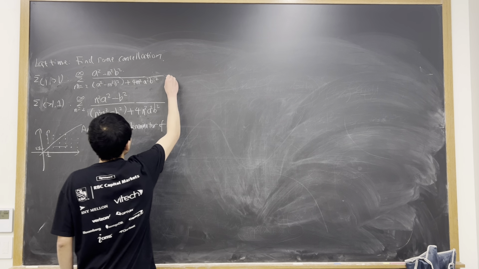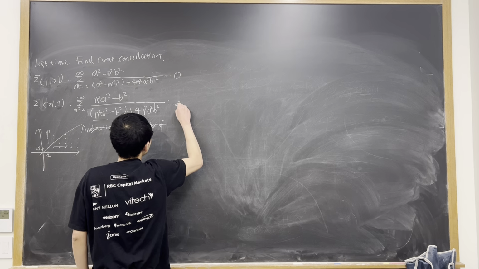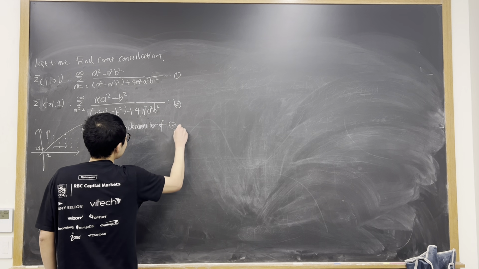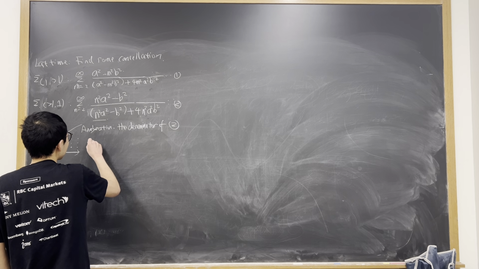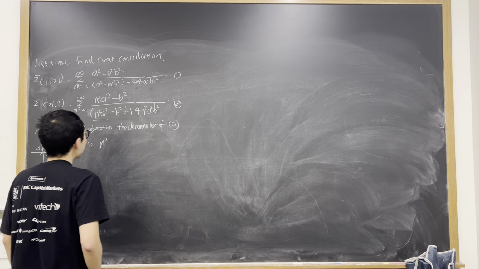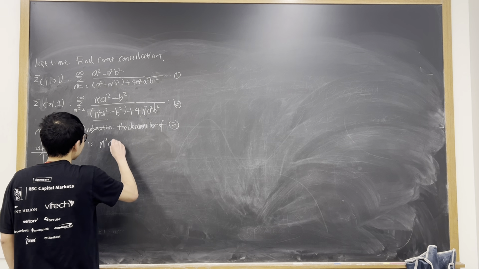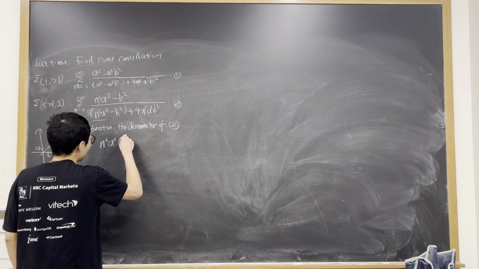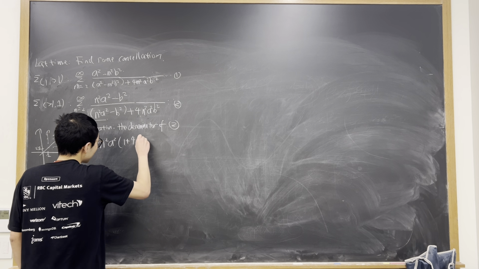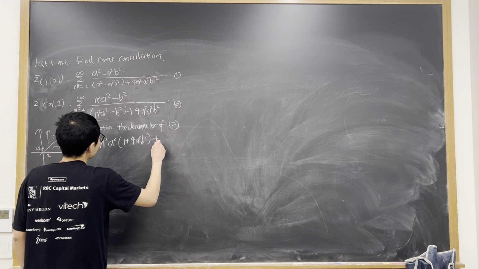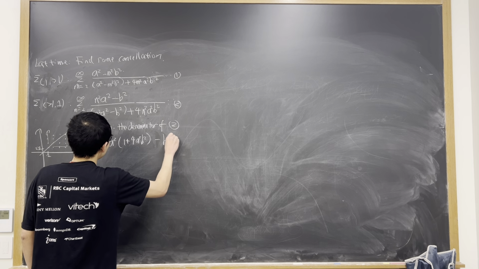Of the second sum, let's call this 1 and let's call this 2. So the denominator of 2 is exactly, I can pull out an n squared a squared, and then times 1 plus 4a squared b squared, and then plus minus b squared.